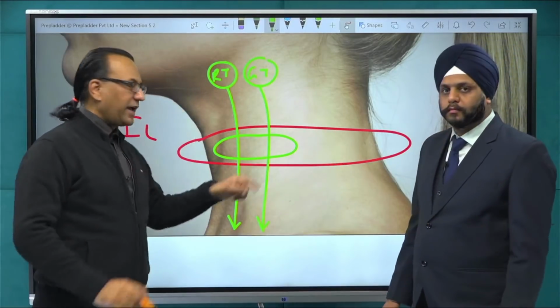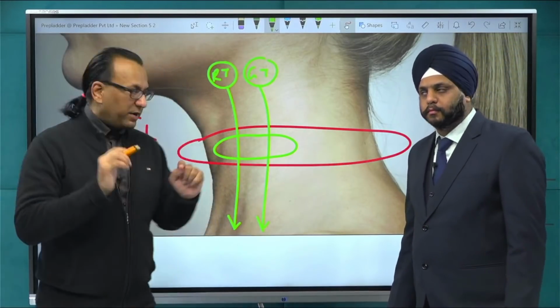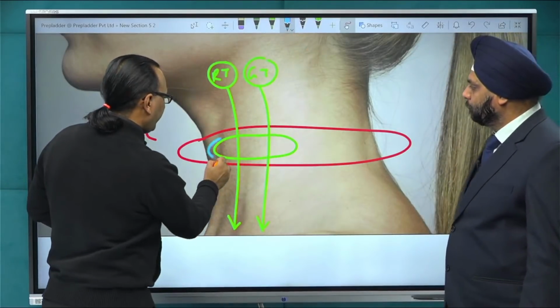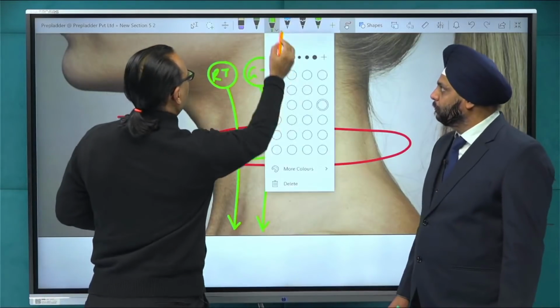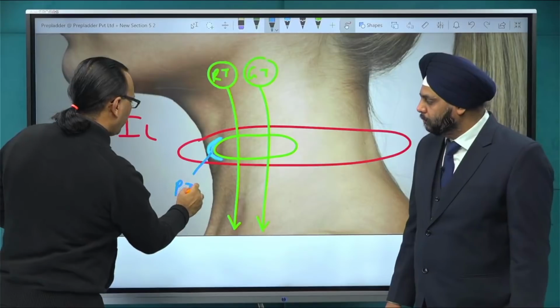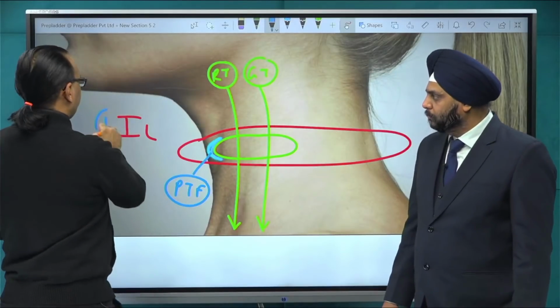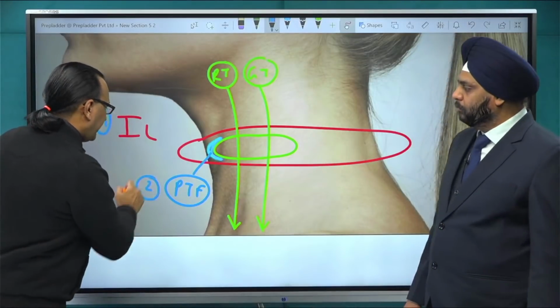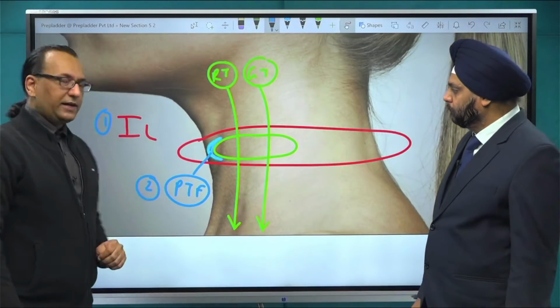Around these two tubes you also have a fascia. But in the beginning, since it is in front of the trachea, we call it the pretracheal fascia. So number one was the investing layer of deep cervical fascia. Number two is the pretracheal layer of deep cervical fascia.